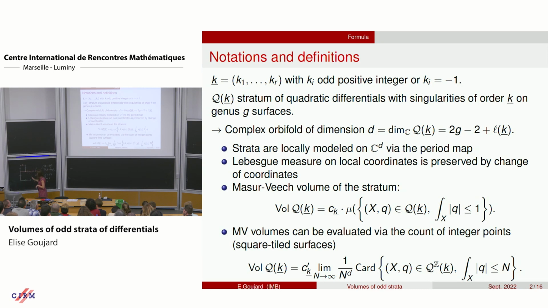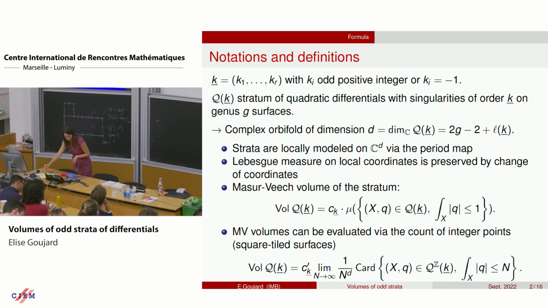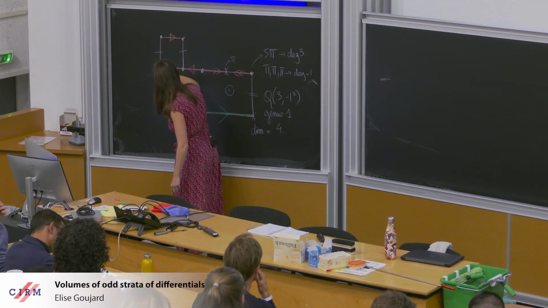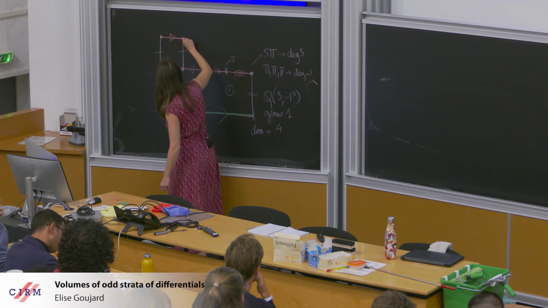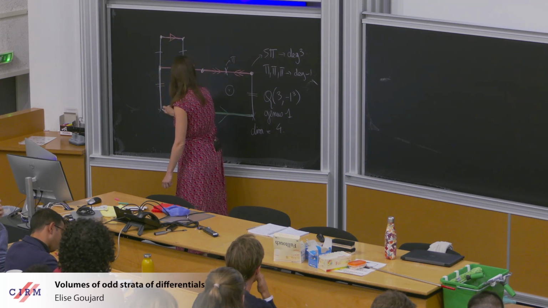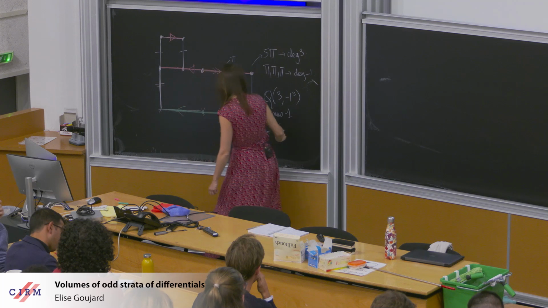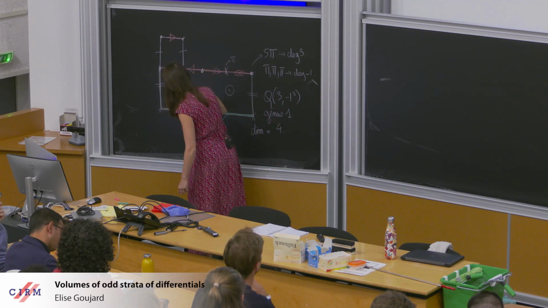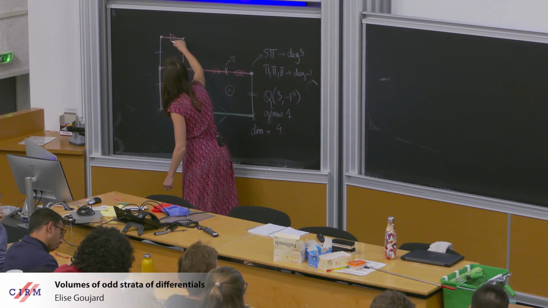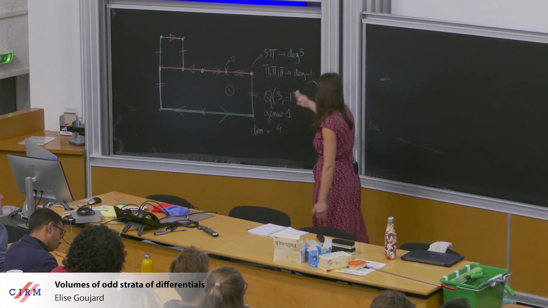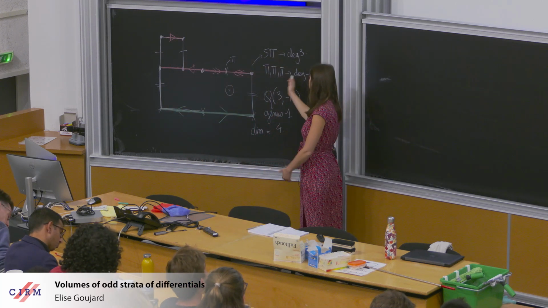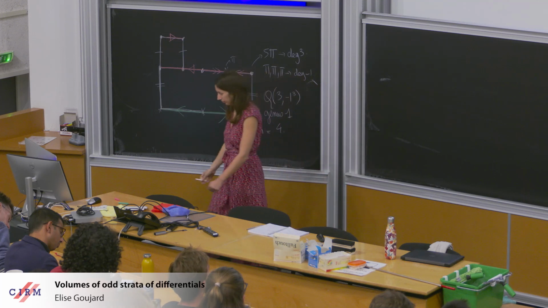So you can think of this period map as just being the map that sends the complex numbers defining the sides of the polygon. So here you can choose these 4 independent sides of the polygon, and you can move them. It will give you other surfaces in the same strata.